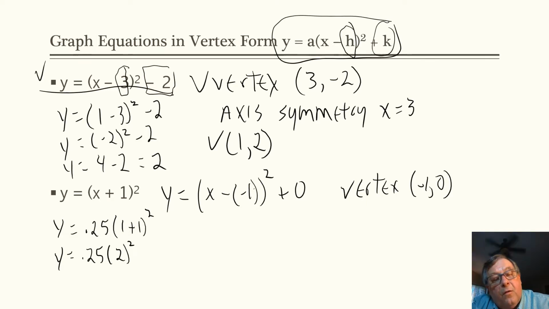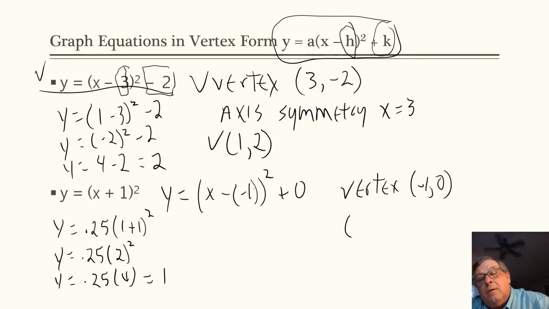Well, 2 squared is 4, so y is equal to 0.25 times 4, which means that when x is 1, y is 1. And so I've got another point here, (1, 1).